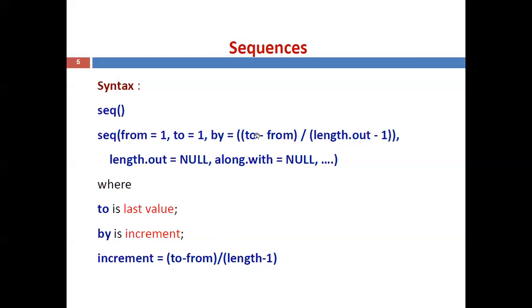Whatever you give in place of by, the sequence will be incremented with that value. That increment value is obtained using the formula to minus from, divided by length minus 1, whereas from is the start value. This is the general syntax of creating a sequence in R software.